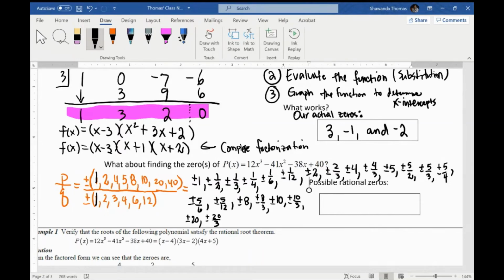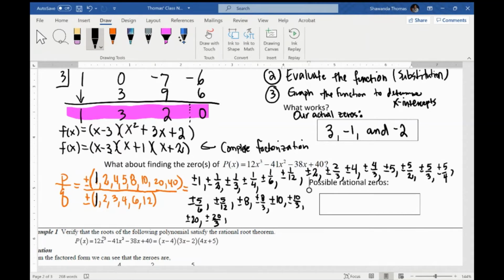We already got 5. 20 divided by 6 is 10 thirds. We already got it. 20 divided by 12 is 5 thirds. We got it already. Finally, 40.